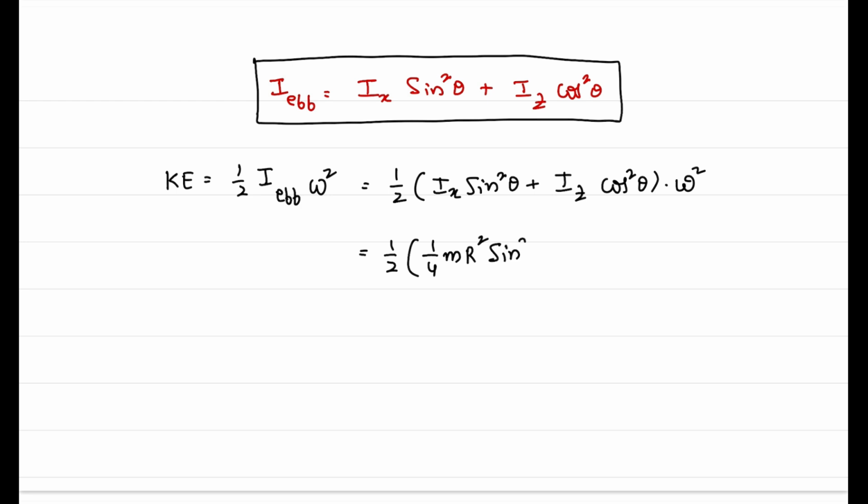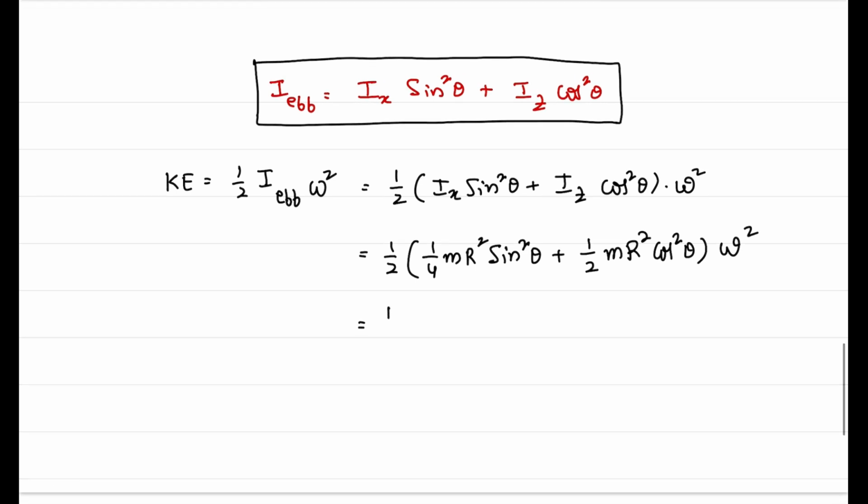Iz is half mr square. So this is equal to 1 by 8 into mr square omega square, taking mr square out, into (sin square theta plus 2 cos square theta). This is the final answer.